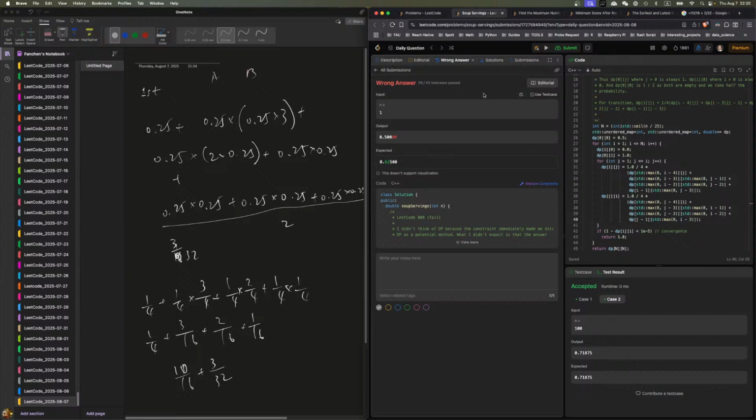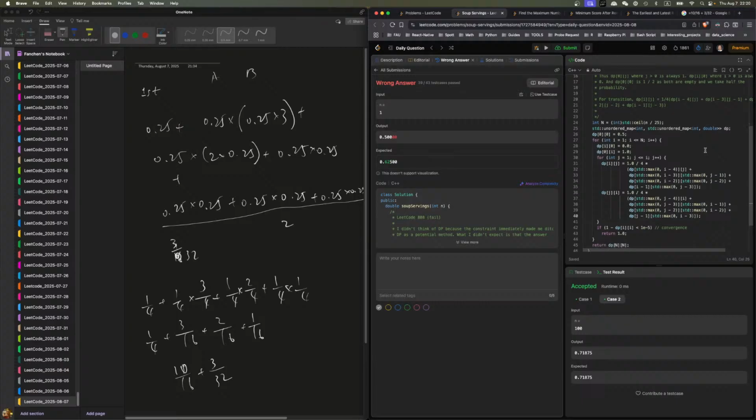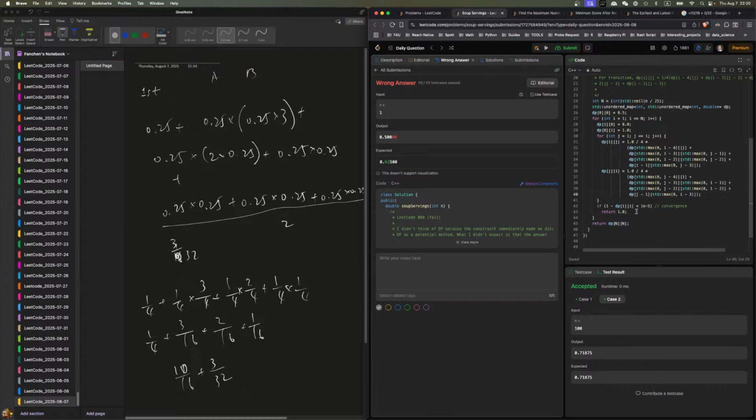N equal to 1. Oh, shoot. Wait, hold on. This is right.